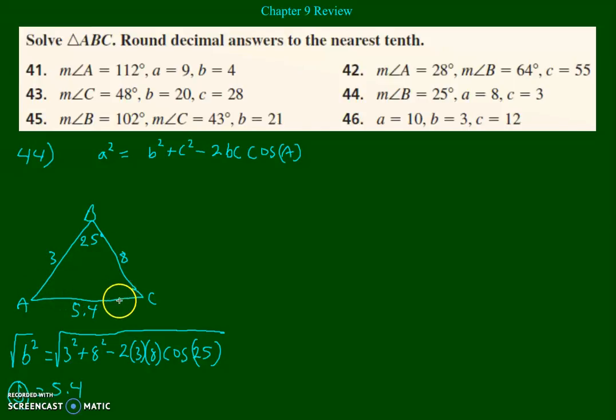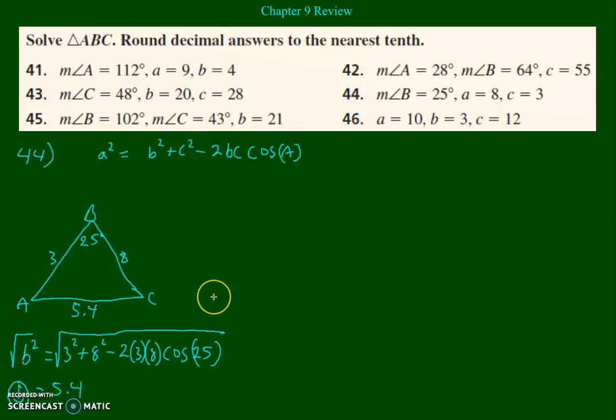So what we want to do is find angle C first, because the law of sines will allow us to find that, assuming that it's an acute angle, and if this is an acute angle, then everything's cool. But if it's not an acute angle, then we're going to mess everything up if we find this using the law of sines. So it's always good practice to find your smallest angle first using law of sines. So that's what we're going to do.